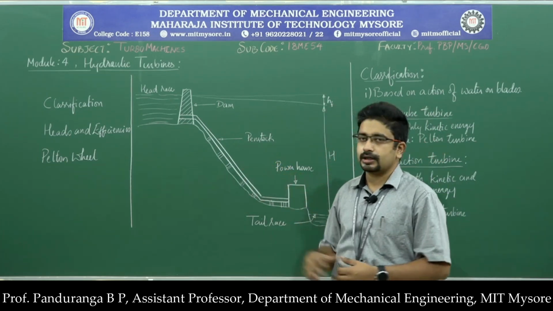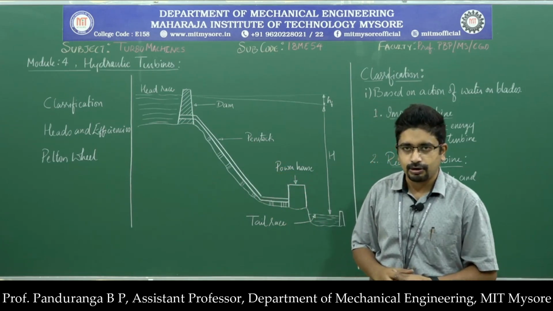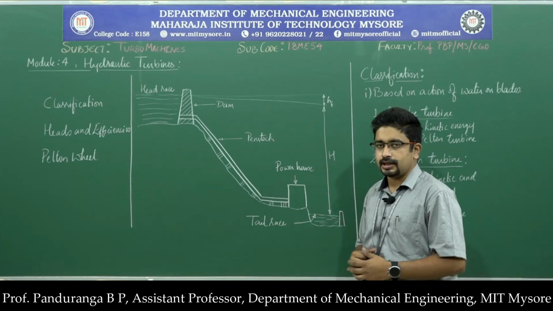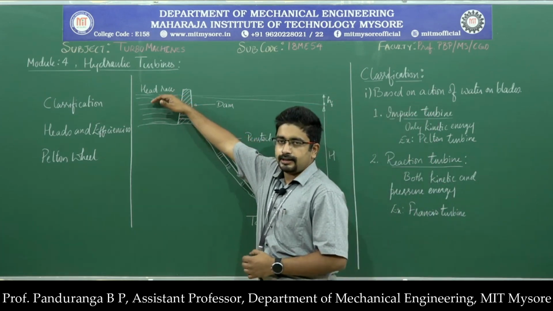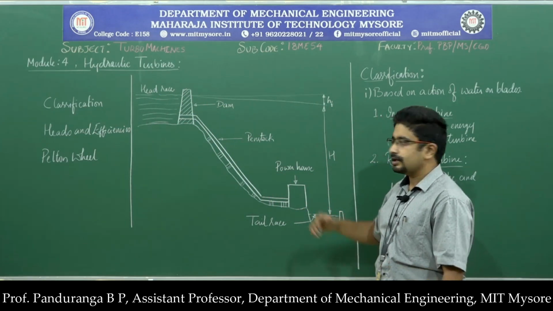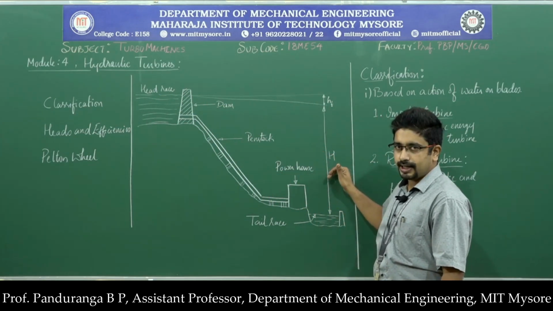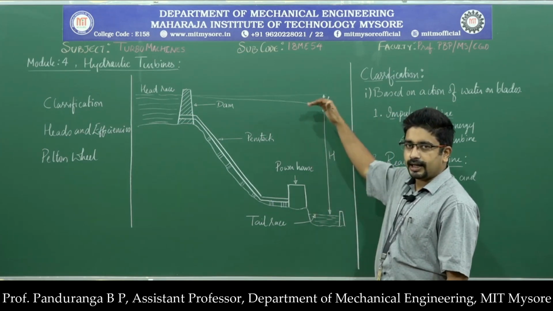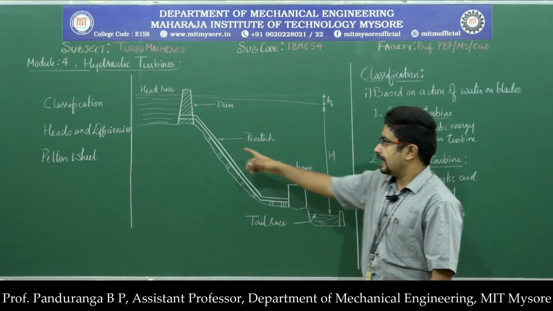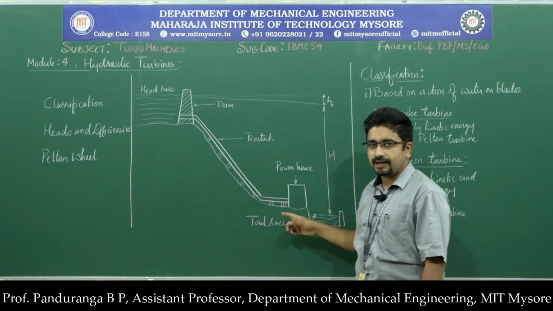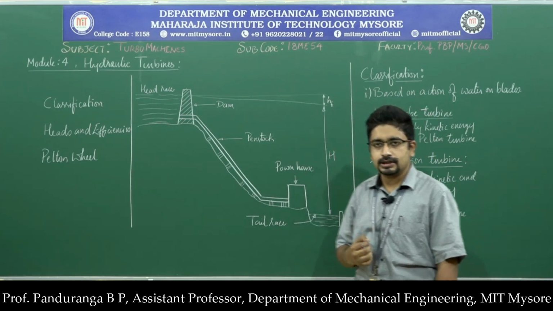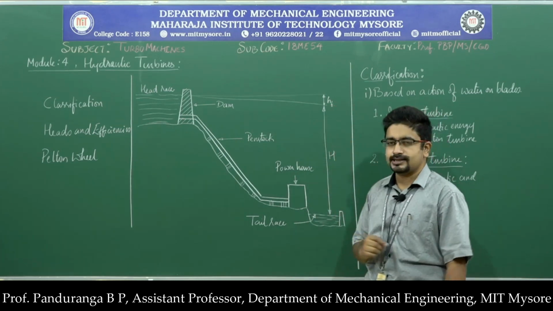This is the basic working of a hydroelectric power plant, and here the head available for power production is the difference between the headrace level and the tail race level. So this head, we call it capital H. The total head available, we call it the gross head Hg, but out of that, as the water passes through the pipe, there will be some losses due to fluid friction, and that loss I will call Hf.